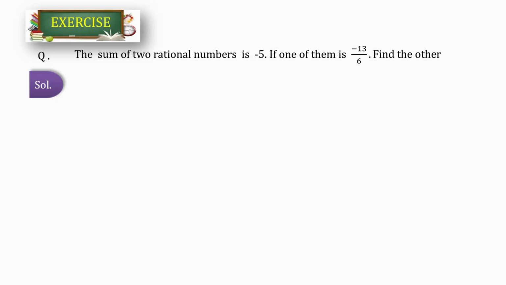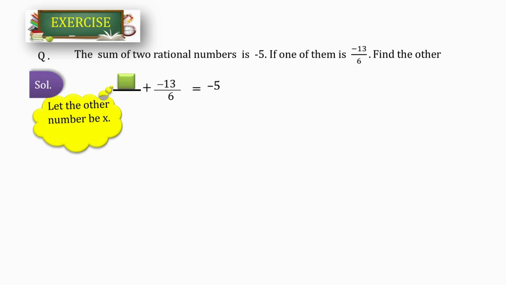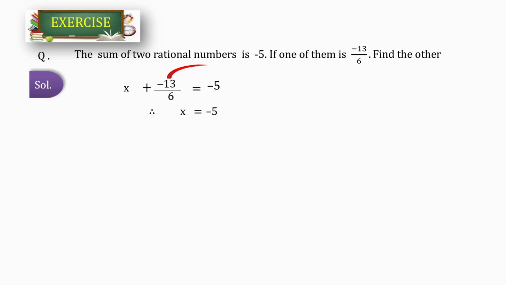The sum of two rational numbers is minus 5. If one of them is minus 13 by 6, find the other. So one number is given. So let us take the other number as x. Now let us solve this. Again transpose this minus 13 by 6.